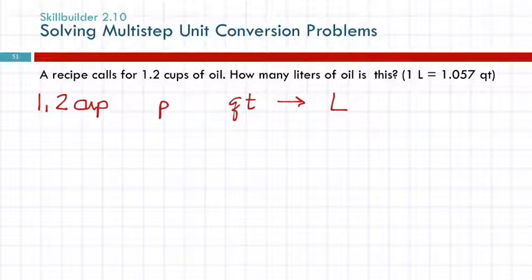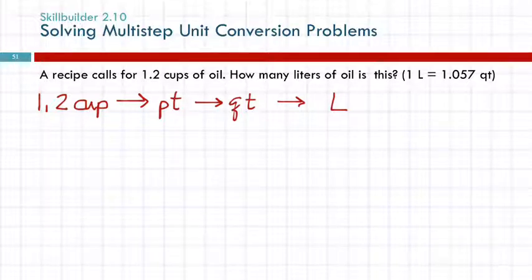There's a pint. Now, I don't expect you to remember this necessarily, but there's 2 cups in a pint, and there's 2 pints in a quart. So if I have cups, I could go to pints, and then I could go from pints to quarts, and then using this relationship, I can go to liters. You could do it a different way, but this is what I'm doing right now.